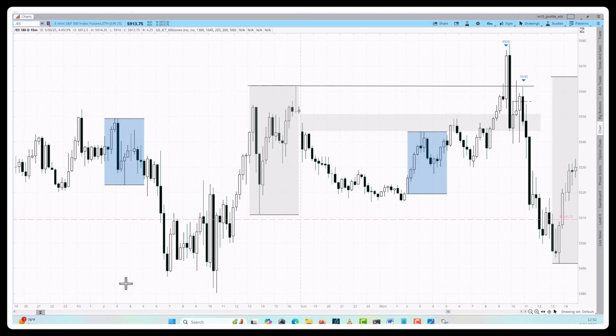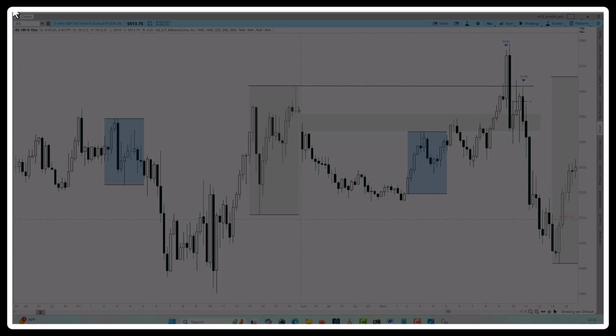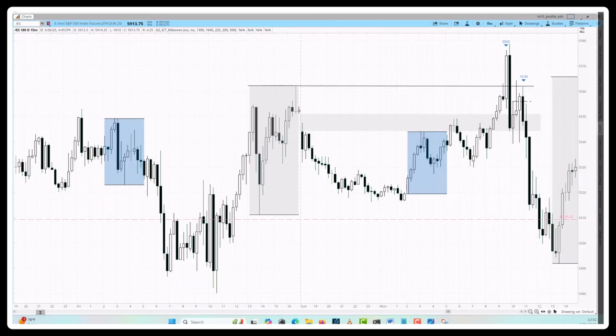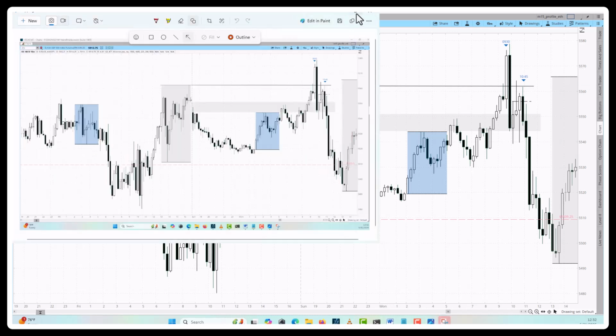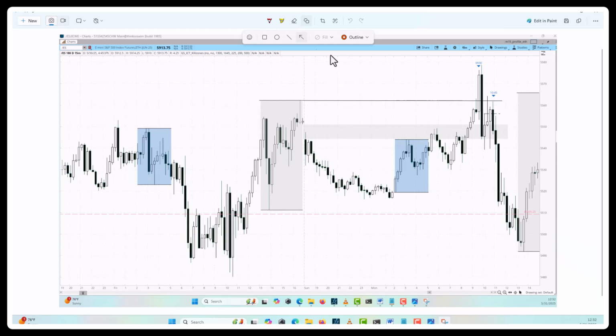Yep, let's check this screenshot again. So right here you have the Judas swing at 9:30, and right here you have a setup.